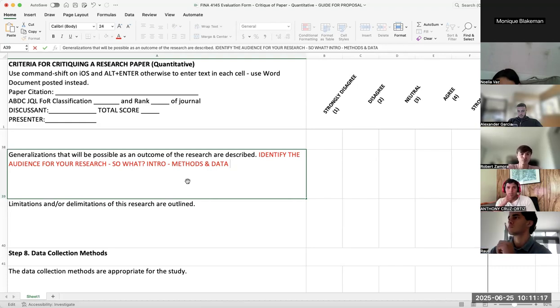Most people will read the abstract. I didn't ask you to do the abstract yet. That will be later. So anyway, for now, it's going to be in the intro, the methods and data about the generalizability of your research and who's going to care about it.